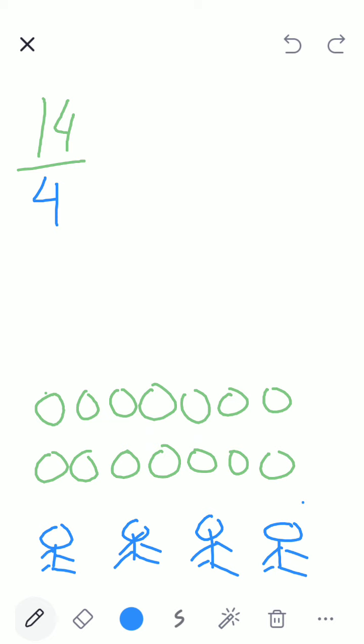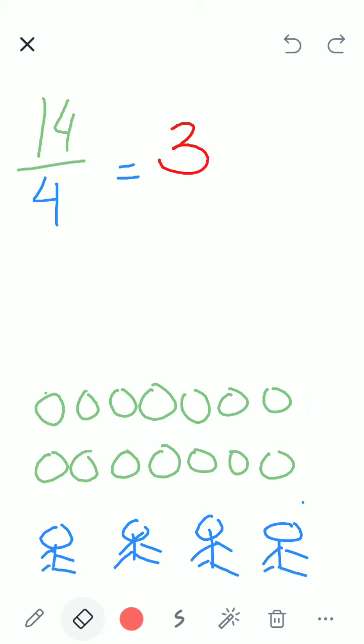So what did I get? I got 3 whole, let's not call it balls, children, let's call it fruit, okay? Because a ball we cannot cut into pieces. So let's call it 14 fruits.